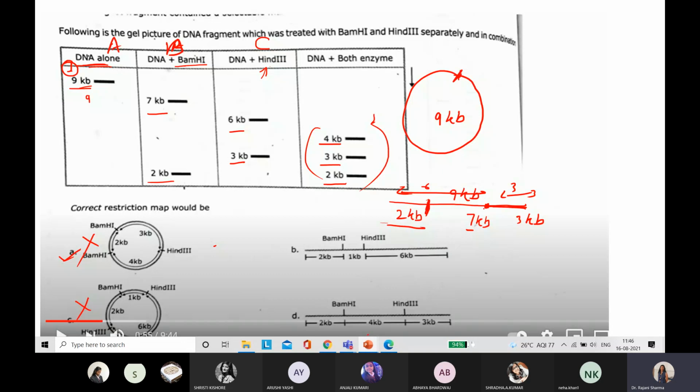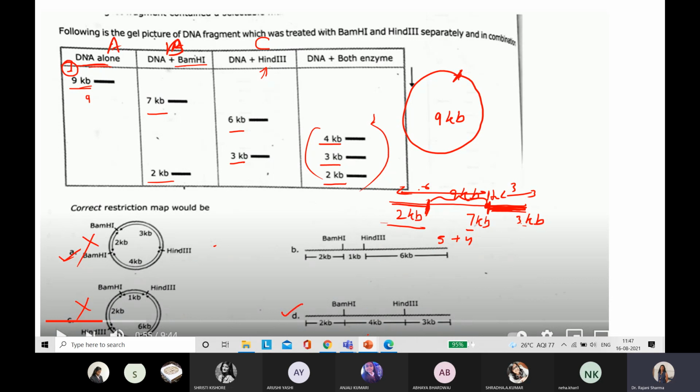So definitely the HindIII site will be toward this side, so that it gives 3 kb. If we cut here, one band is 3 kb, one band is 2 kb, and the rest band will be 4 kb. So the option should be option D.